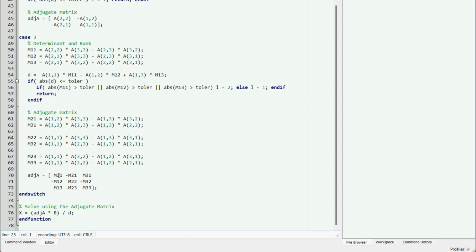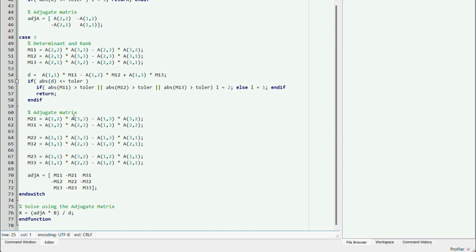We calculate them by column and we put them by rows. And then, either case M equal 2 or case M equal 3, we have our adjugate matrix. We multiply it by the matrix B containing the images, and we divide by the determinant to get the answer. So very simple.